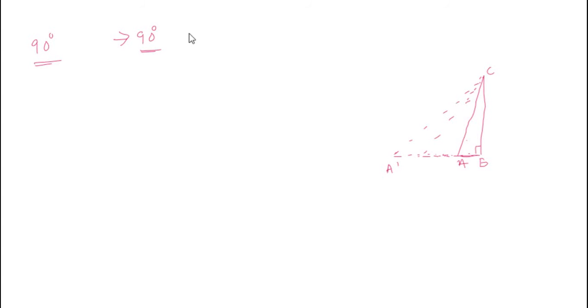So when angle A equal to 90 degree, at that time A coincides with B. When this becomes 90 degree, A coincides with B, therefore AB equal to 0. But when A coincides with B, then AC will be equal to BC. Therefore at that time AC equal to BC. So when angle A is 90 degree, AB will become 0, AC will be equal to BC.